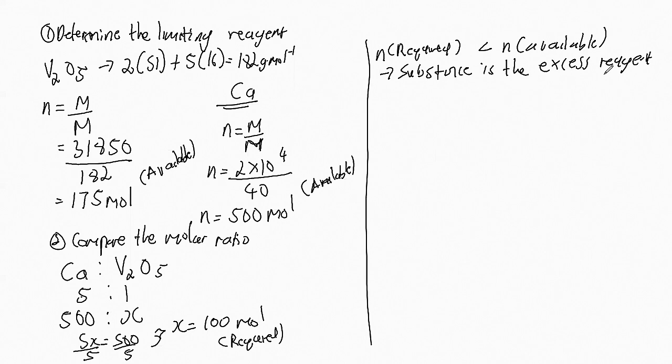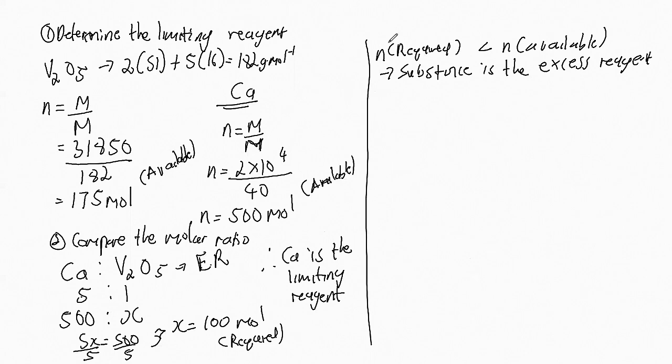Now that we've proven that vanadium pentoxide is the excess reagent, without any question we can conclude that the calcium is the limiting reagent, because you can never have 2 excess reagents or 2 limiting reagents. One has to be the excess and the other has to be the limiting. So Ca is the limiting reagent in this case.